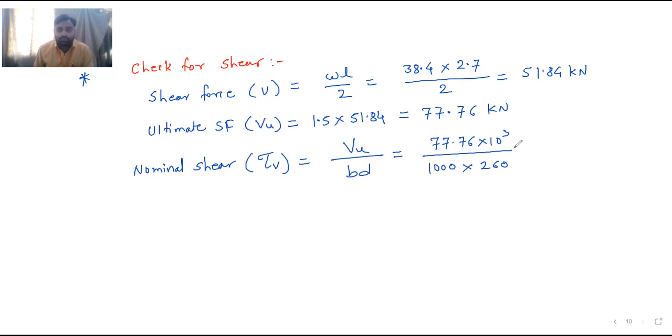So if you solve this, how much do you get for VU upon BD? It is 77.76 E3 divided by 1000 into 260.